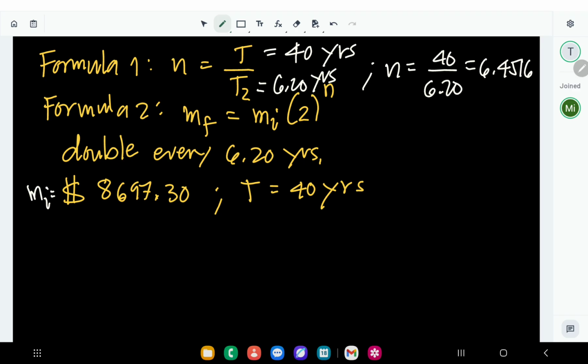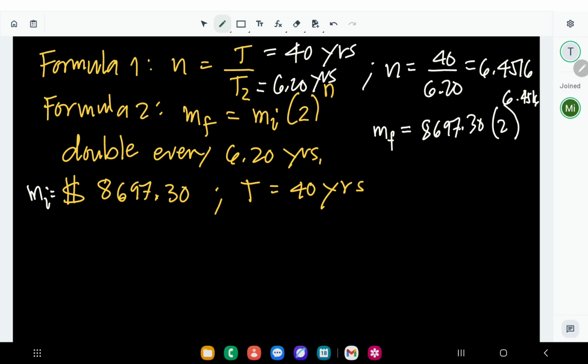And then for formula 2, the final amount equals the initial, 8,697.3, times 2 to the n, which is 6.4516.